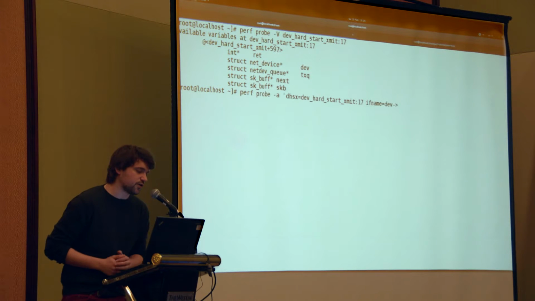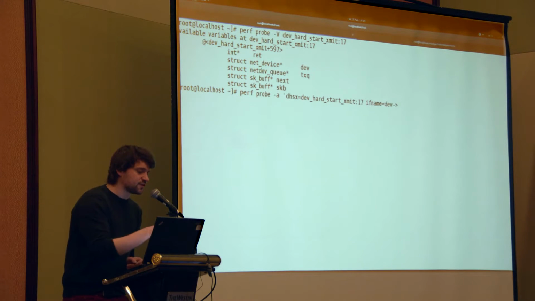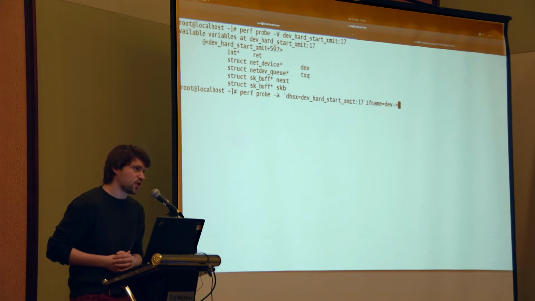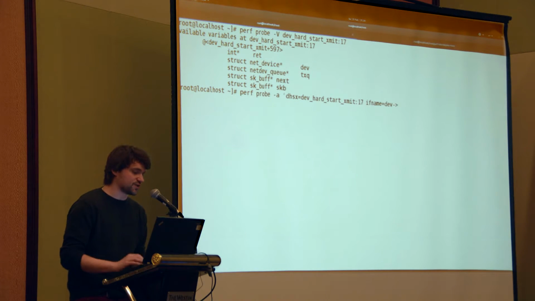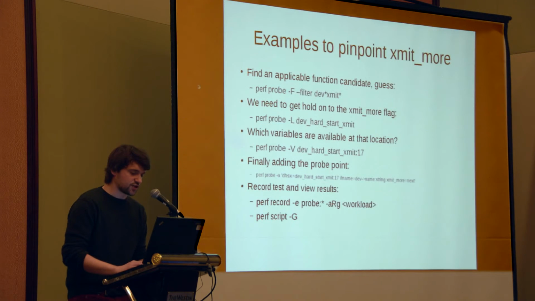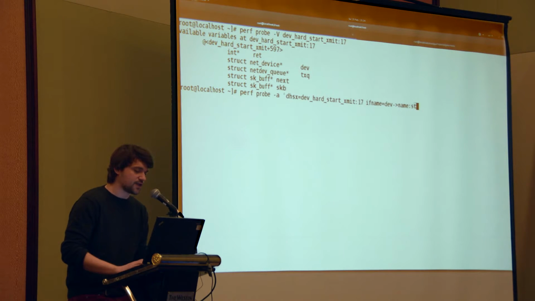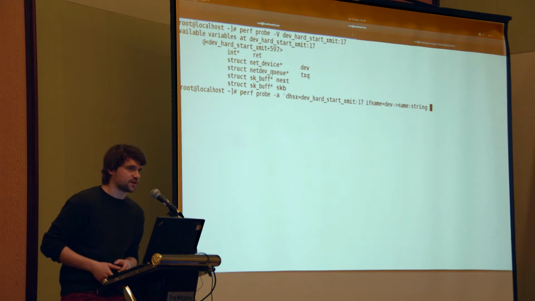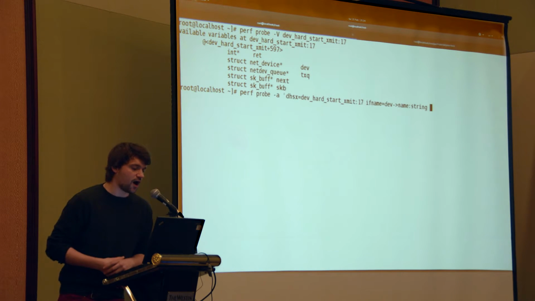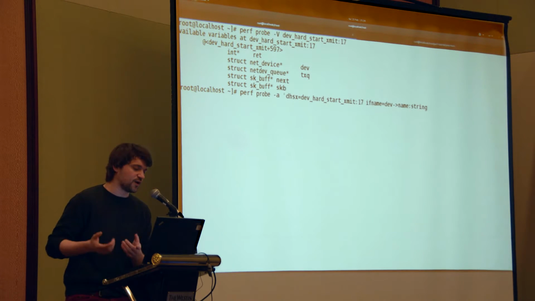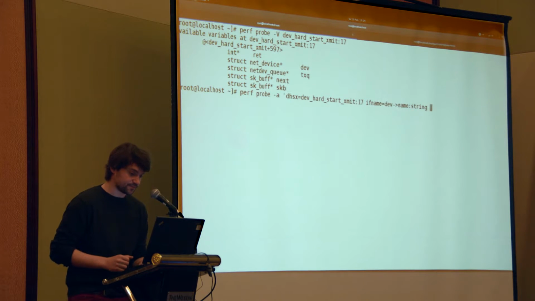What I can do now is say that I have this net device and I want to see on which net device the current logic happens. So I want to pretty print the name of the net device. I can just use dev name and specify the type as string. So it will just give me a nice string for the specific line when the source code hits it.